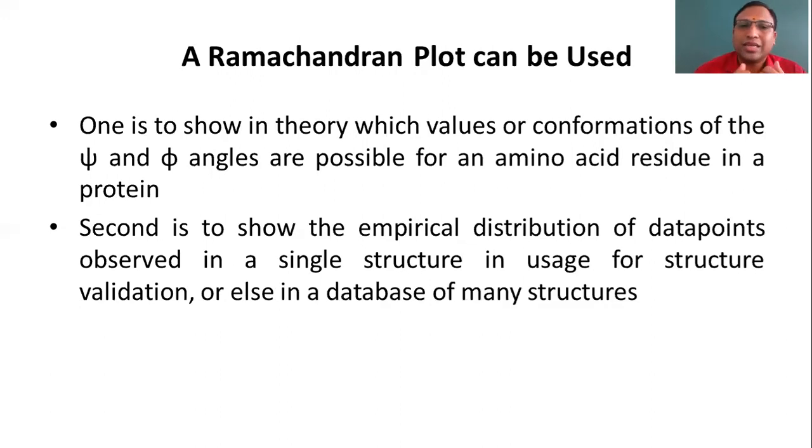The second is to show the empirical distribution of data points observed, that is where it is bending and what angles it gives, in a single structure for structure validation, or in a database of many structures. When compared with many structures, you can take the data and compare it.